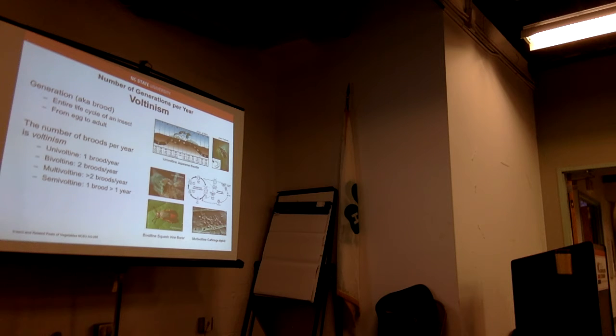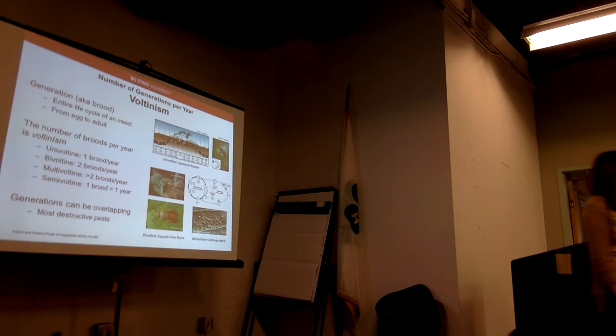Do it again, keep doing it. Yeah, insects are awesome. Some of our most destructive pests are ones where the generations overlap, and we have a mild enough climate that this happens here, where things can be almost running continuously.